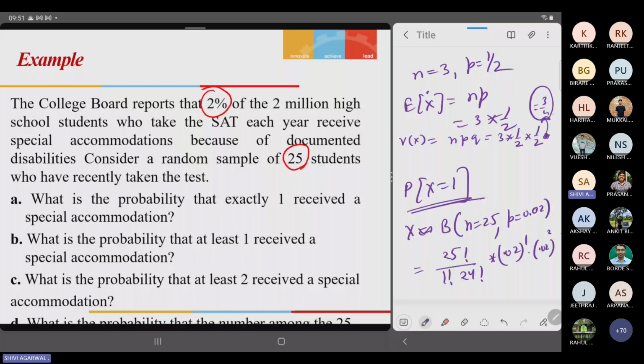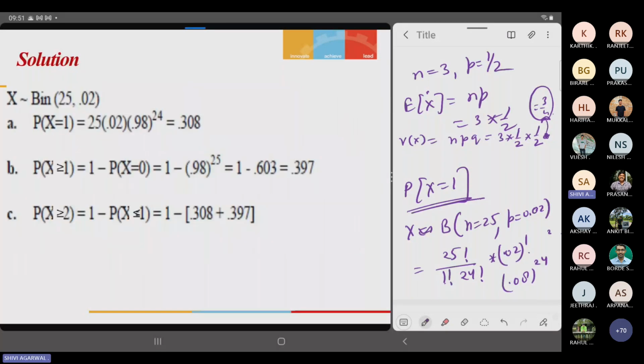It is 1 minus p to the power n minus x, and n minus x is 24. So you can see here the answer. X follows the binomial distribution with parameters n equal to 25 and p equal to 0.02. The probability of exactly 1 is nCx, that is 25, times 0.02 to the power 1 and 0.98 to the power 24 here.